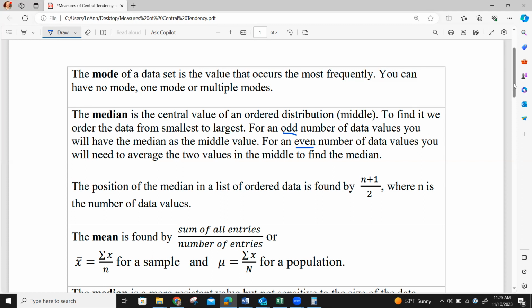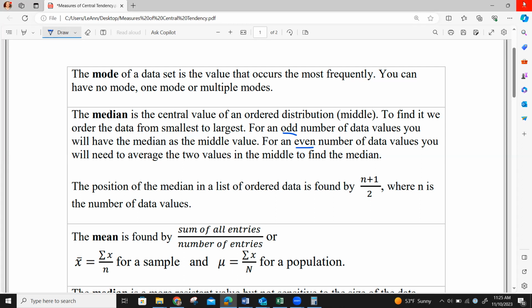If that comes out to a whole number like 5 or 6, that means your median came from an odd set of data, and it'll be one value in the middle. If you get something like 7.5 when you do n plus 1 divided by 2, that means you have an even set of data, and you have to find the middle between the 7th and 8th positions because you got a 7.5. So remember, n is the number of total data values.